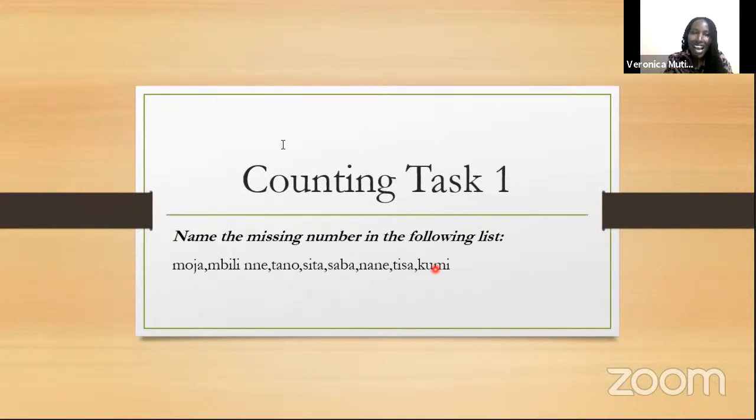So I add one more question. You look at this, it's between 1 and 4. Tell me which one is missing. Which number is missing between 1 and 4 in Swahili?